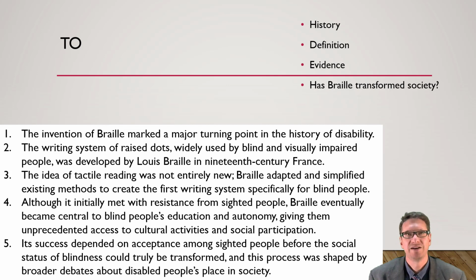And its success depended on acceptance among sighted people before the social status of blindness could truly be transformed. And this process was shaped by broader debates about disabled people's place in society. Now that's an entirely different last sentence to the other one. That's quite contestable. Did its success depend on that? Has Braille actually transformed society, both for sighted people and for blind people?